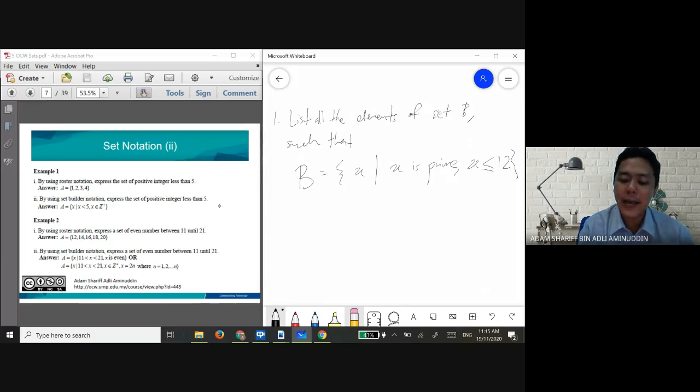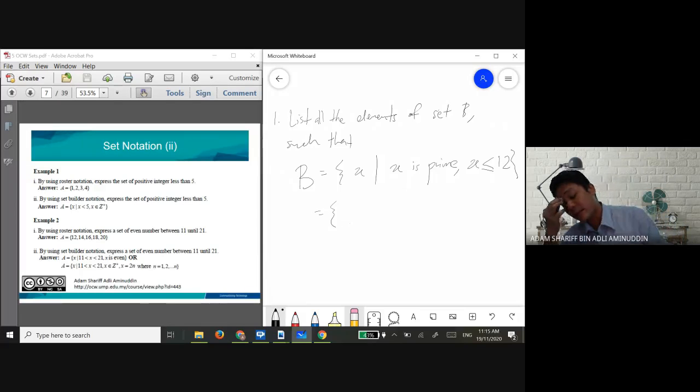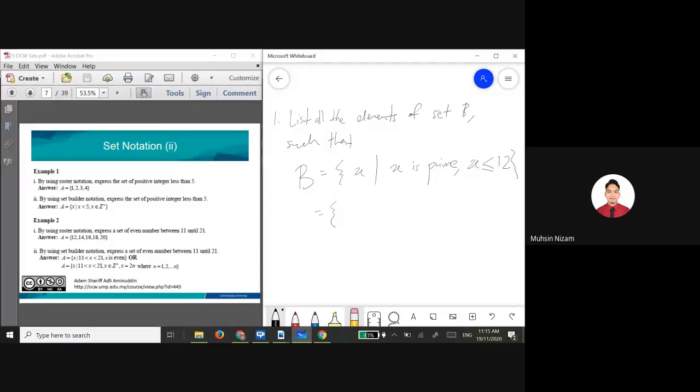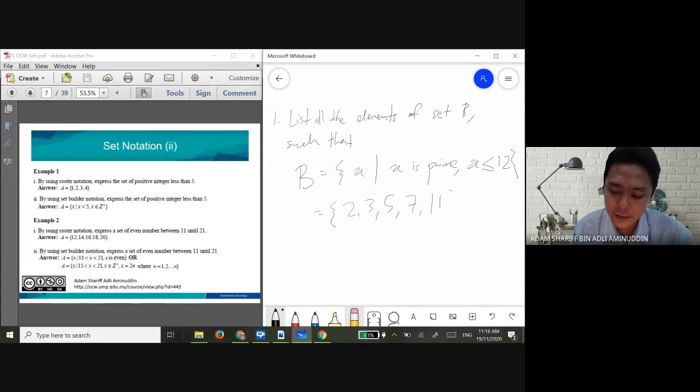What will be the elements of B? Two, three, 5, 7, 11. Thank you. Very simple.